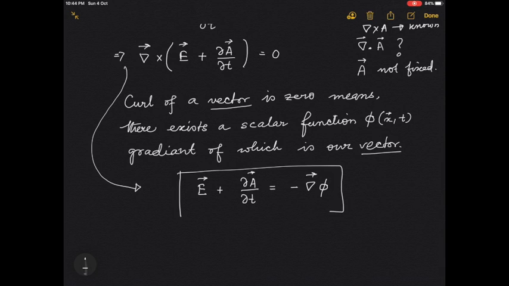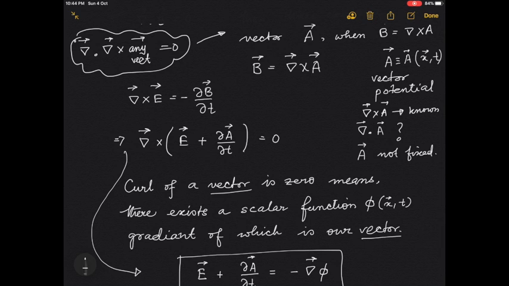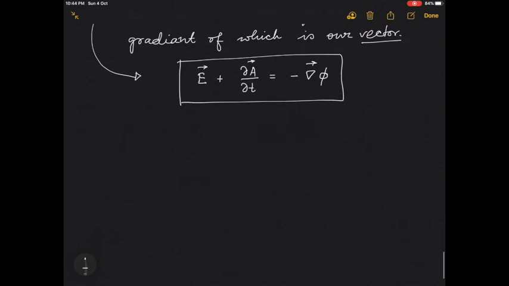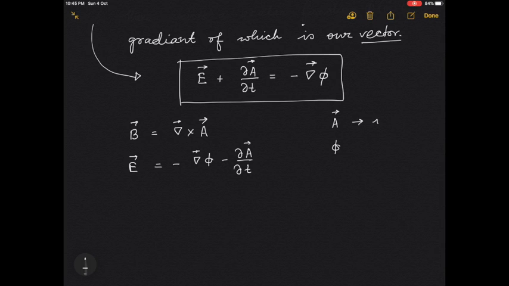Now this equation and the previous one, which is curl of A equals B, gives me how do I get B out of A, and how do I get E out of now both phi and A. So given the scalar potentials and the vector potentials, I can now get the fields.